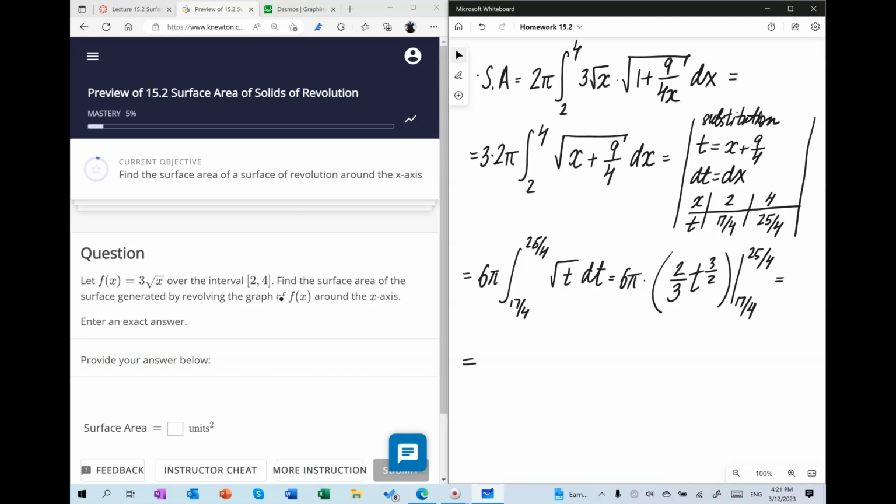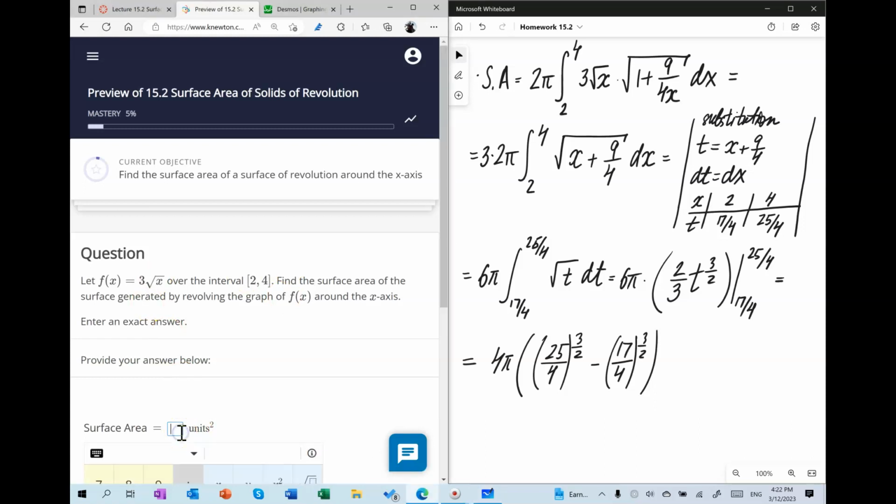So finally we have, let's take out the 2/3, so we have 4 pi, and now we're throwing the boundaries inside of the antiderivative. So this to the power 3/2 minus this to the power 3/2, and there are parentheses here. So it doesn't make sense to try and simplify it further.